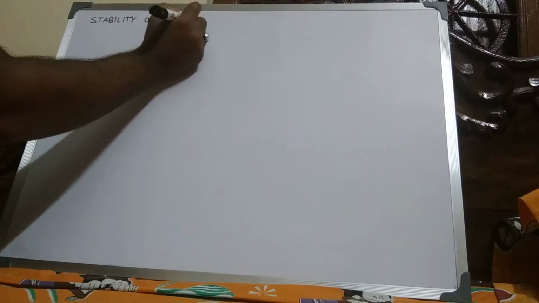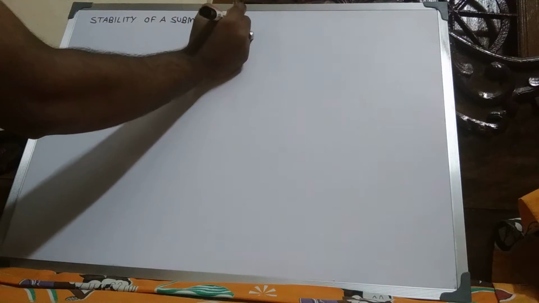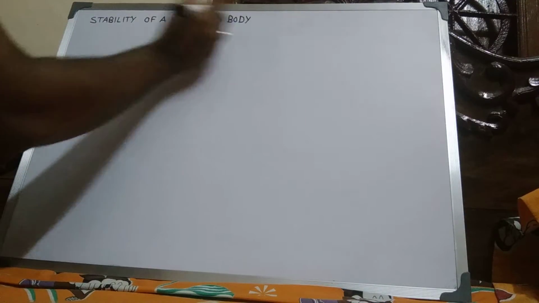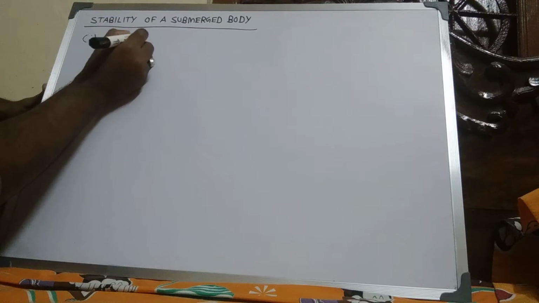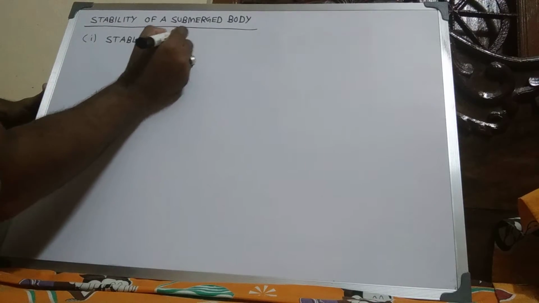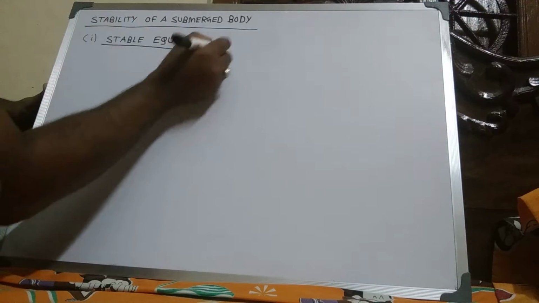Now the topic is stability of a submerged body and fully immersed body. There are three equilibrium conditions. One is stable equilibrium. What is stable equilibrium?